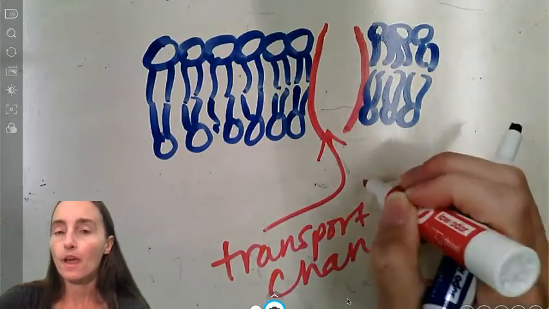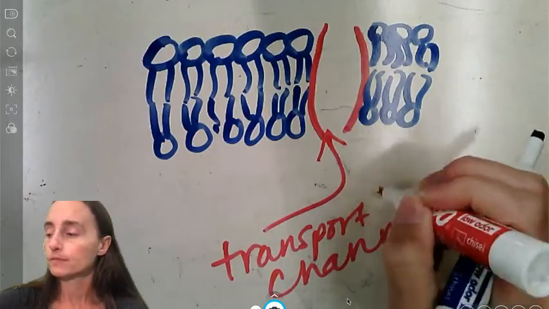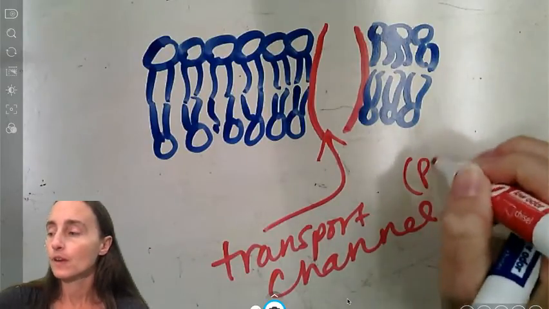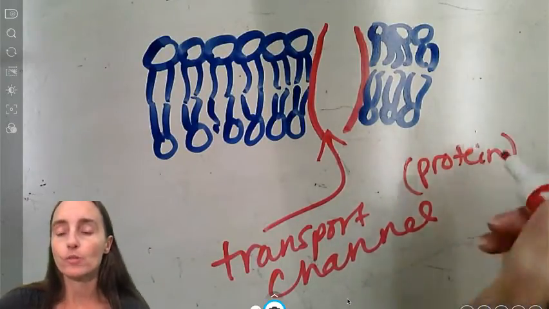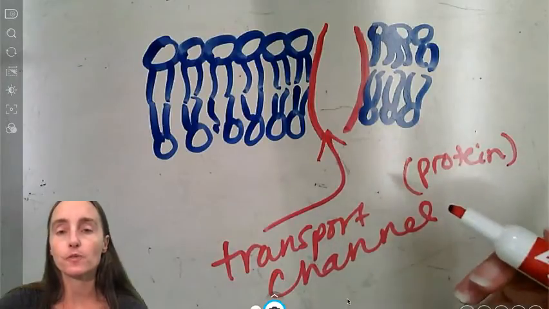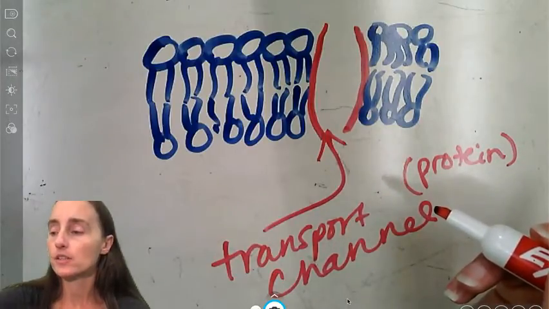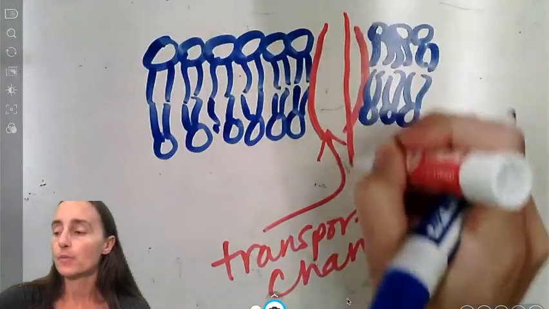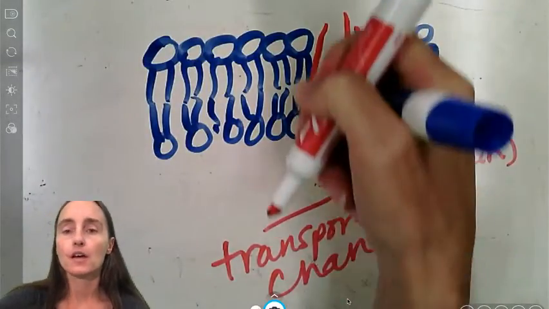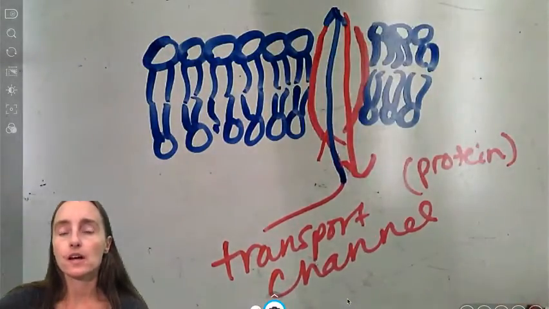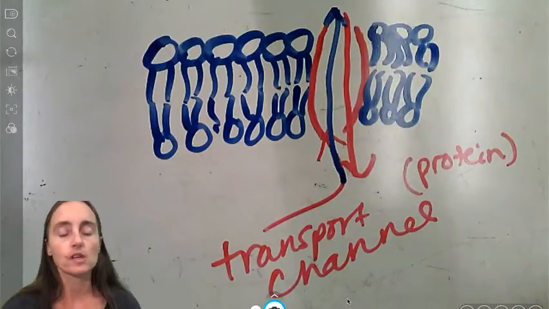Okay. So it's protein and it's specific. So only whatever it's for, that's what can pass into the cell, or it could pass out of the cell. Okay. And that's how things diffuse in and out of the cell. There's very specific proteins for specific things.